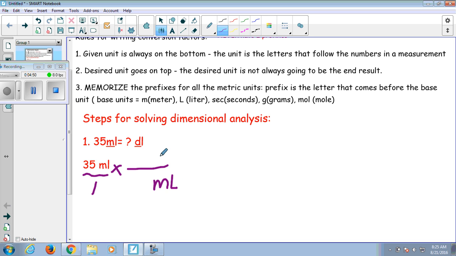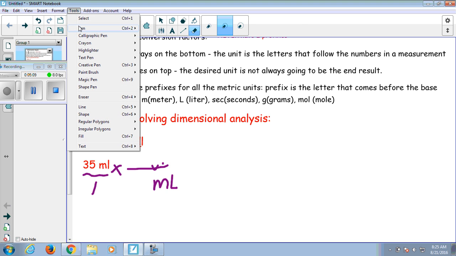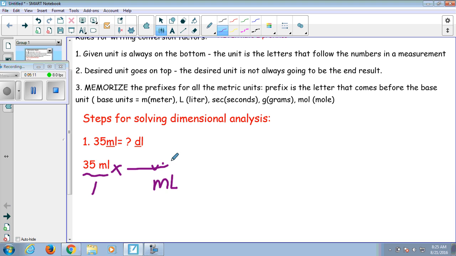Now some of you have been writing next and saying my desired unit is deciliters. But that's not actually the case. Deciliters is not going to be my desired unit because I cannot have a conversion factor that has two prefixes. So actually what my desired unit is going to be is liters.